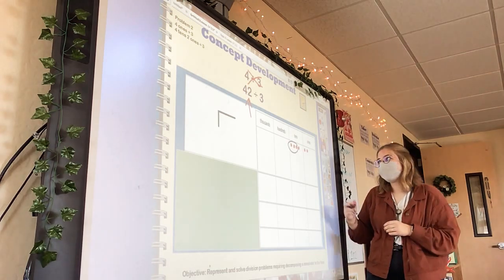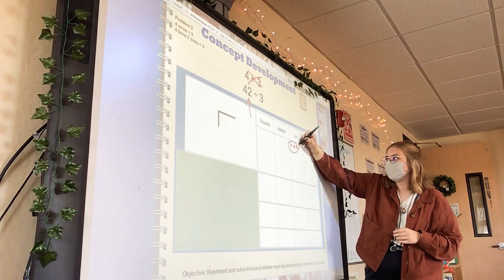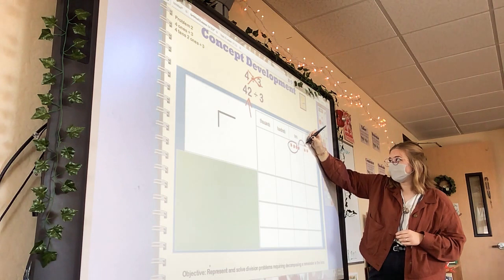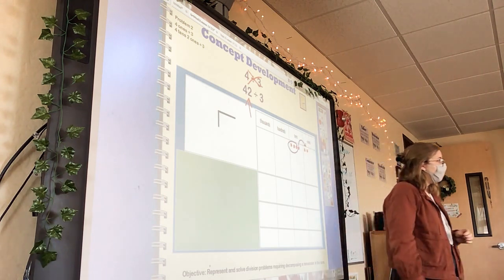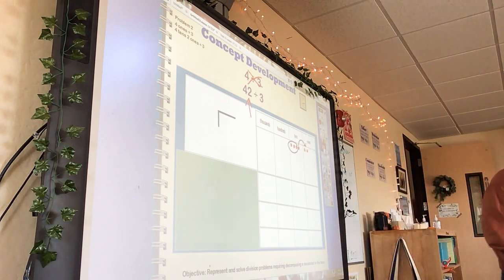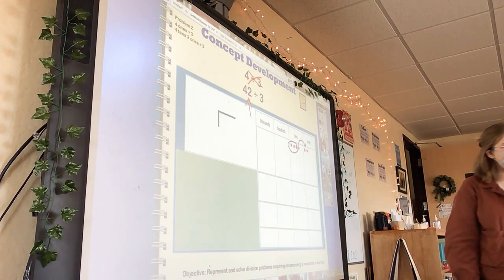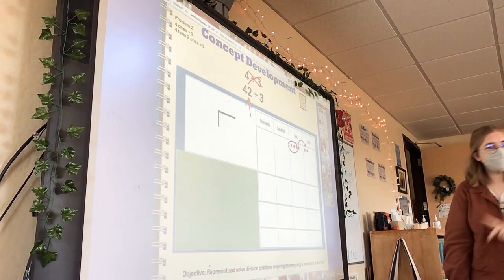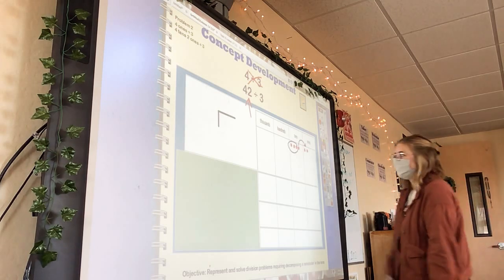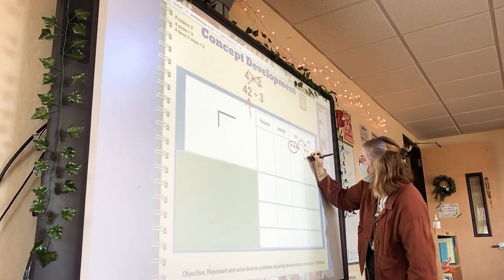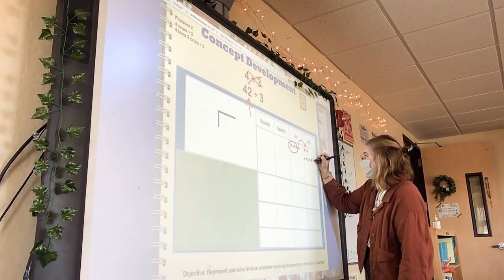No. So what does that one do? Moves over and explodes into how many? 10. Good. So show me 10 new dots in the ones place.